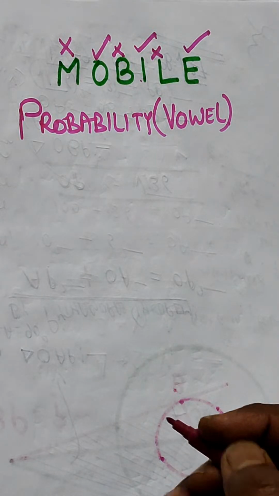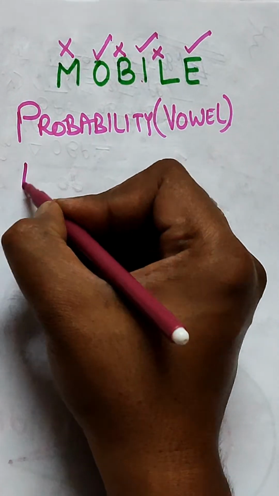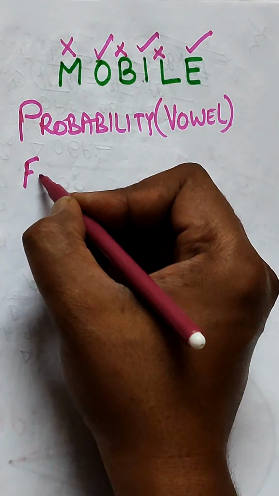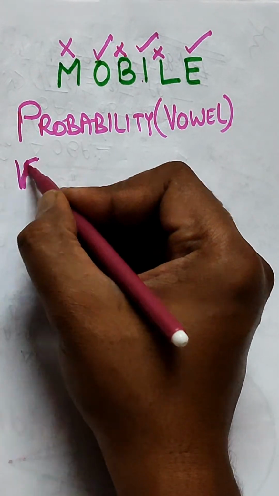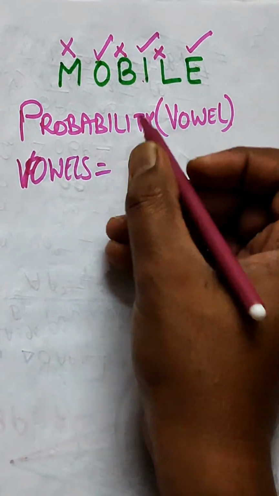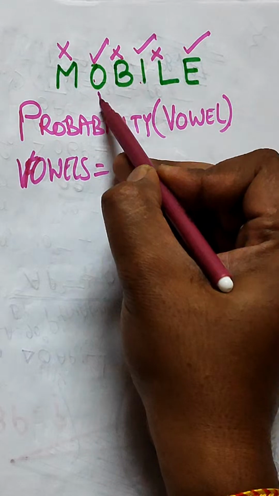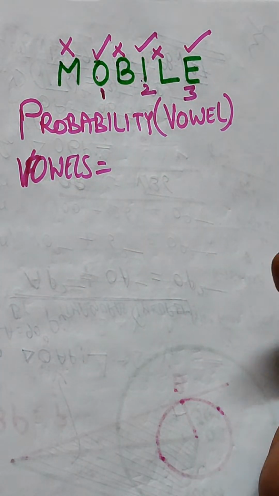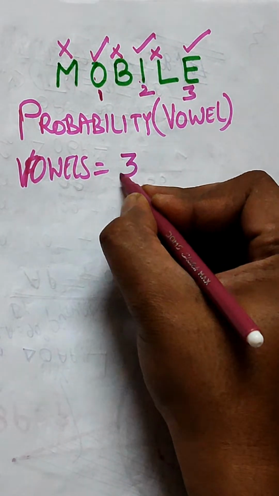Right? So favorable count. How many vowels are there? So vowels are 1, 2 and 3.